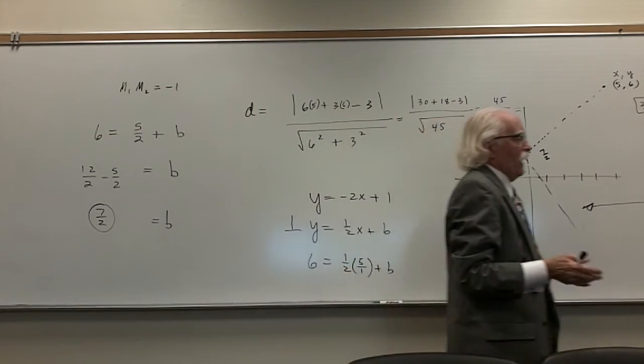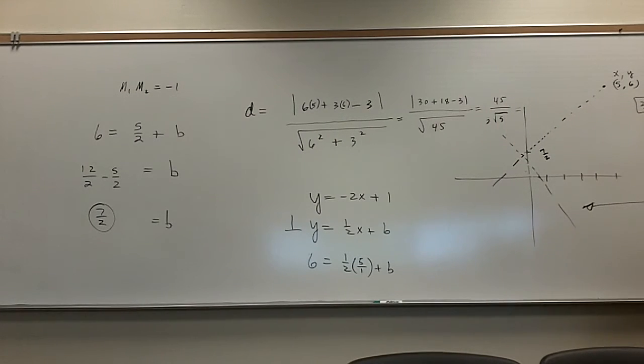This is not for this class, but just for your own interpretation: those two lines that are perpendicular to each other could be called orthogonal to each other, or those two lines are normal to each other.